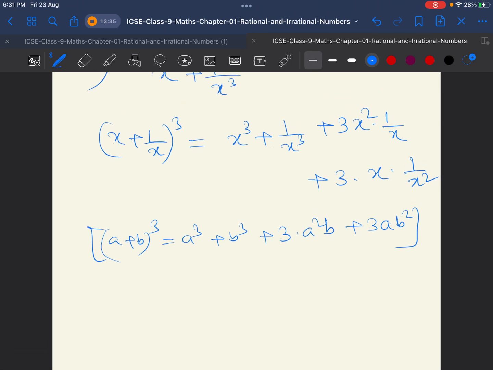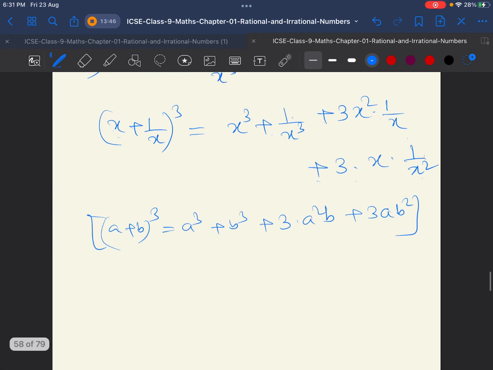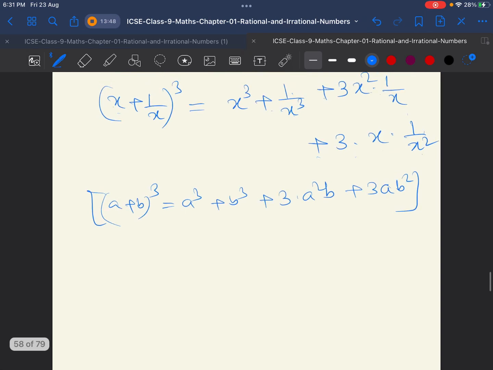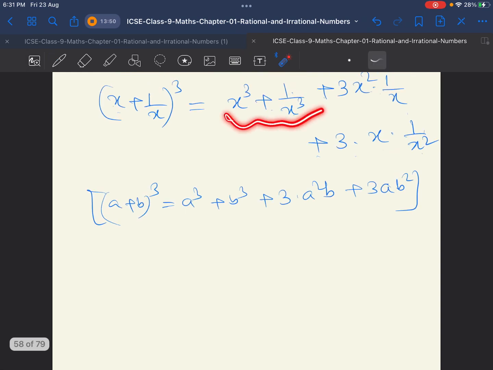So this is a cube plus b cube, 1 by x cube, plus 3 into a square b, which is x, plus 3 into a b square, which is 1 by x square. So we have to find this term.